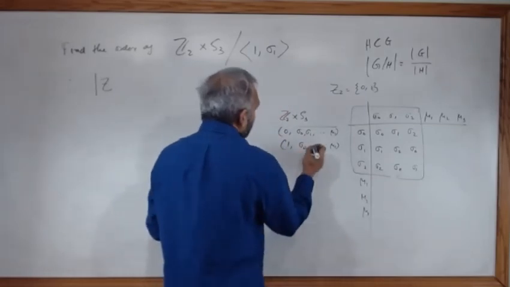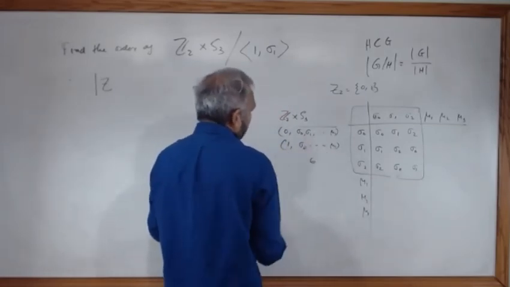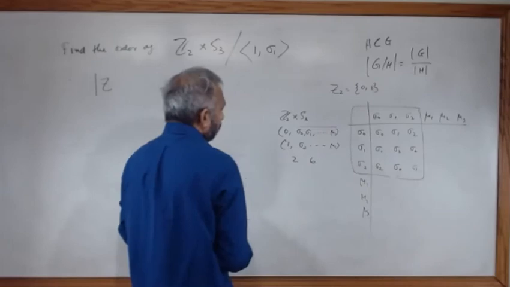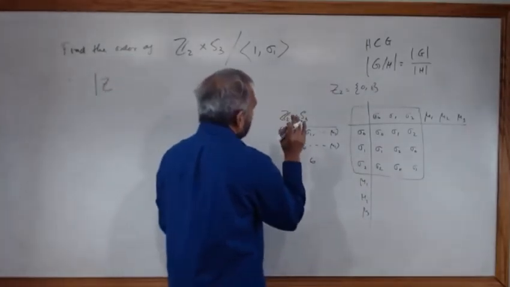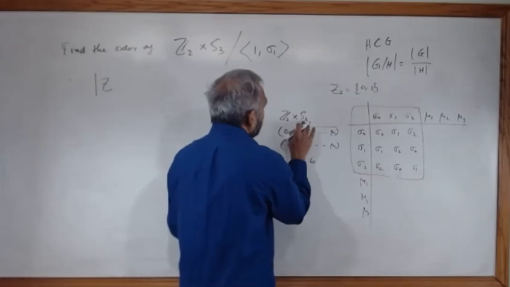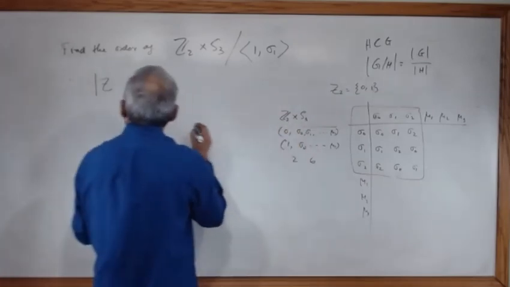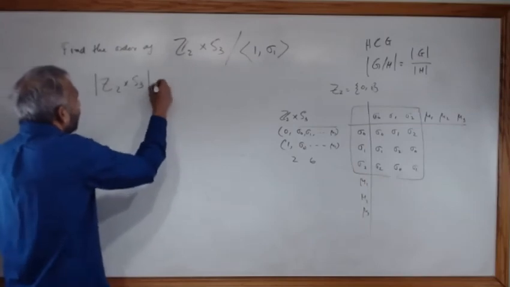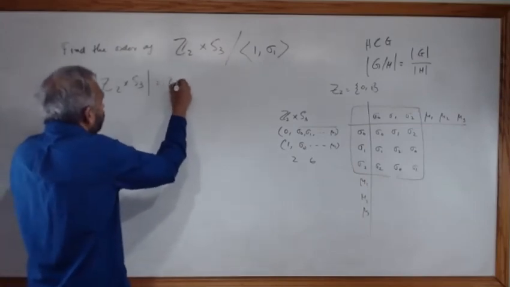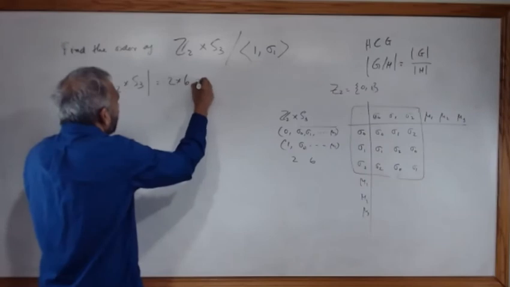There are 6 permutations in S3, and there are 2 elements in Z2. So the order of Z2 cross S3 is equal to 2 times 6, and that is 12.